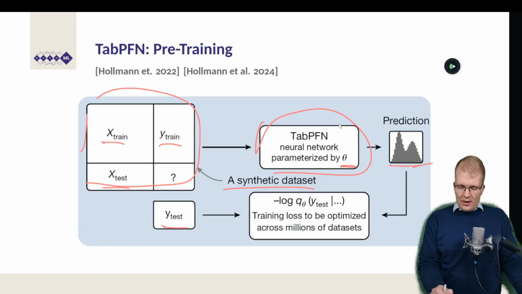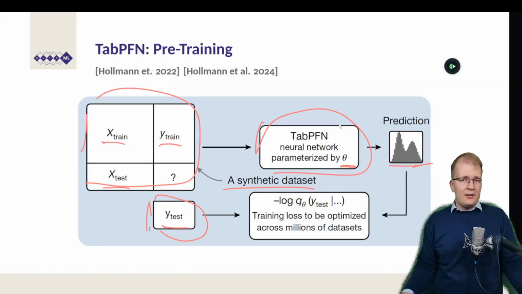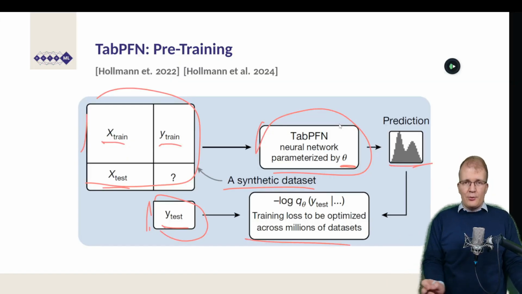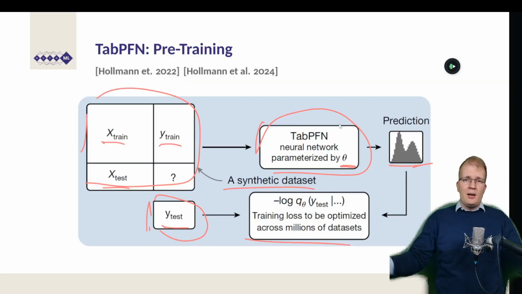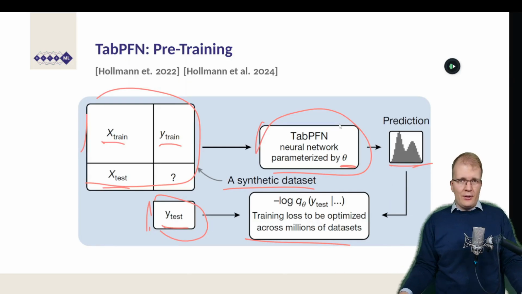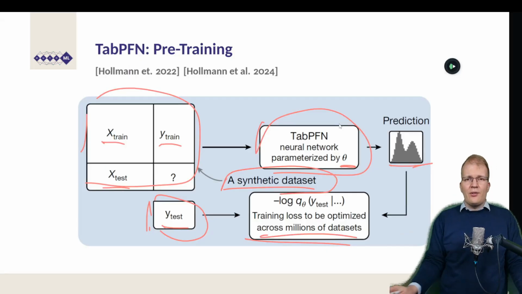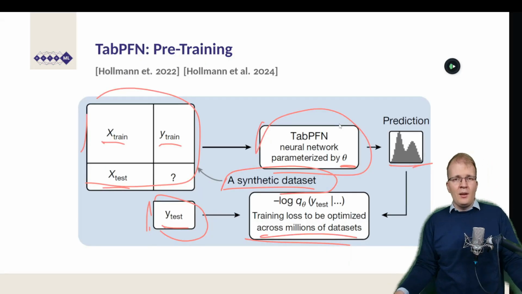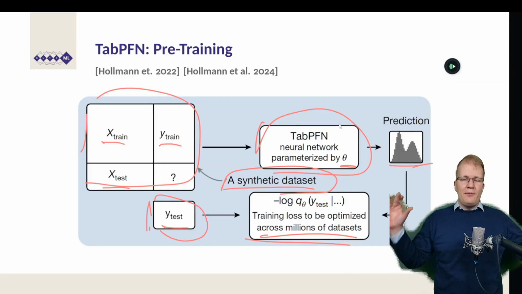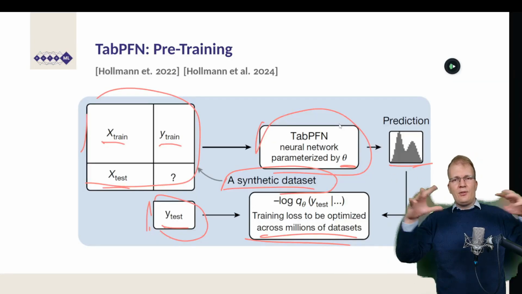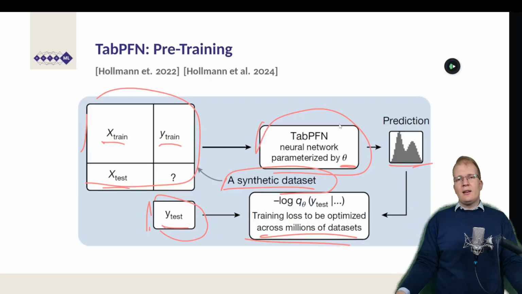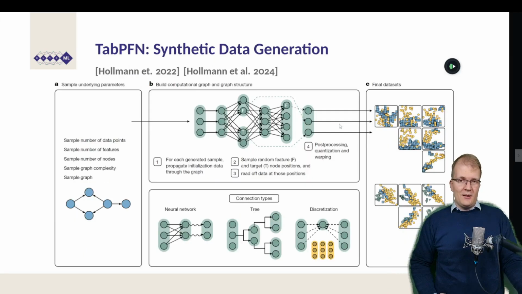We get predictions out of that, and then with the help of the test labels, we can compute the training loss and know how to optimize the weights of our tabular foundation model in the direction of getting better. And the nice thing is, since we're doing that on synthetic data, we can do it across millions of datasets, hoping that by feeding in more and more datasets with variations, our foundation model will get better and better.